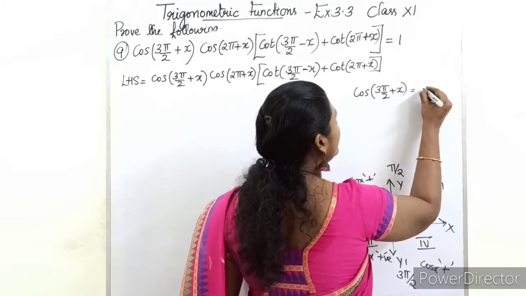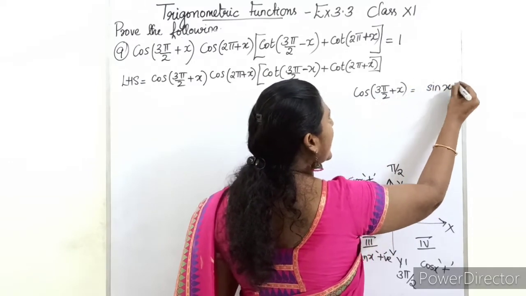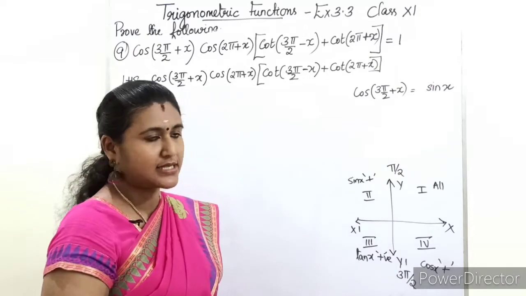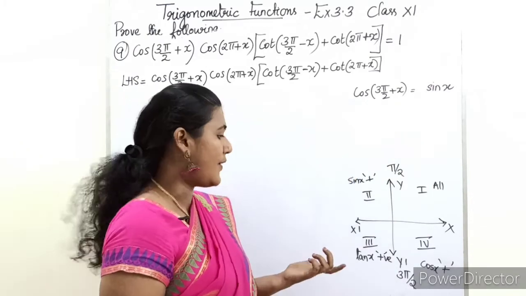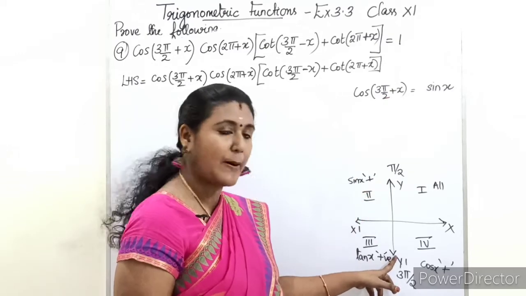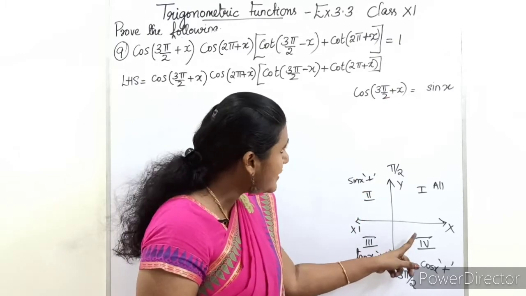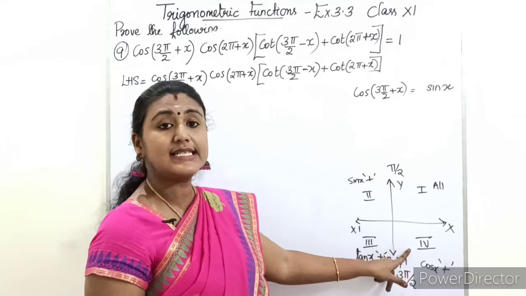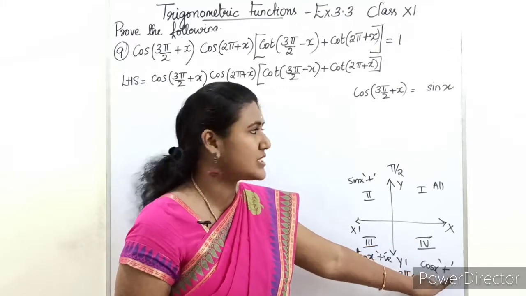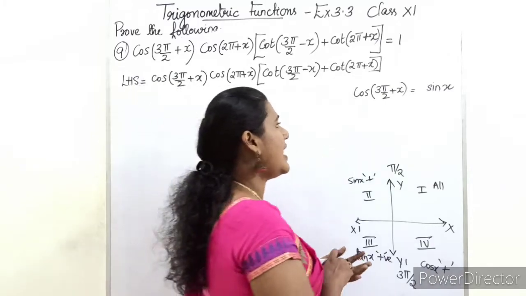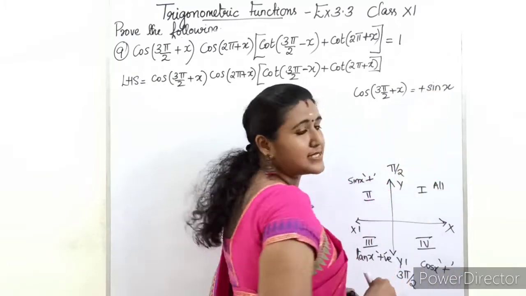So the cos will change into sin, so you can write sin x. Now we have to see in which quadrant this angle is. 3 pi by 2 means it completes 3 quadrants, and 3 pi by 2 plus x is in the 4th quadrant. In the 4th quadrant cos is positive, so this is plus sin x only.